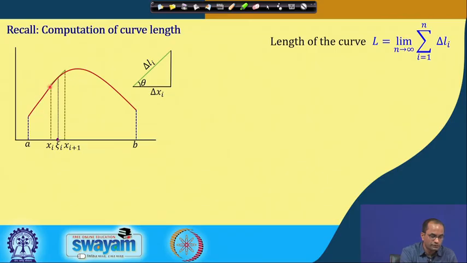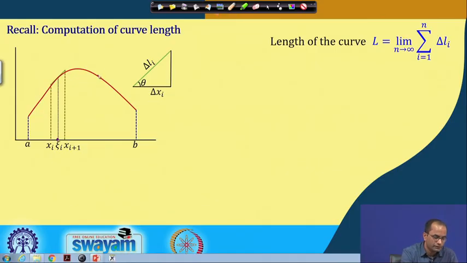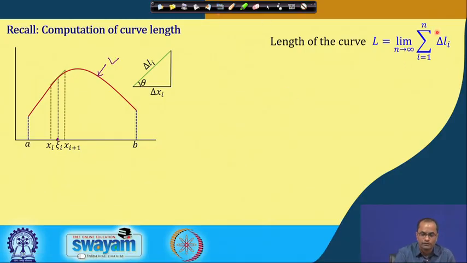This is our curve L, and its length will be given by summing all these parts of the tangents and then taking the limit. If we do not take the limit we have an error, because the tangent does not represent the curve in the interval delta x_i, but when delta x_i goes to 0, we eventually end up calculating the length of the curve from a to b.